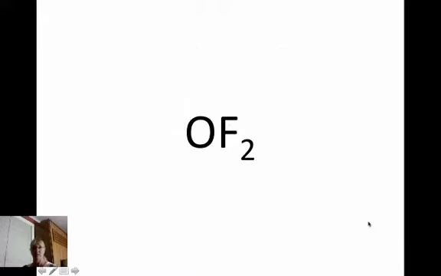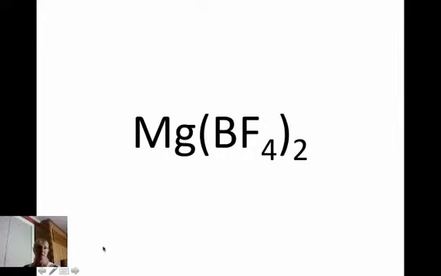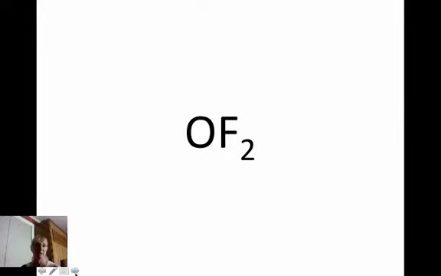I think I have one more before I jump up to some more difficult ones, and that's number 5, OF2. They've underlined the oxygen here. You'd think I would learn. So they've underlined the oxygen as the one that needs to have its oxidation number.